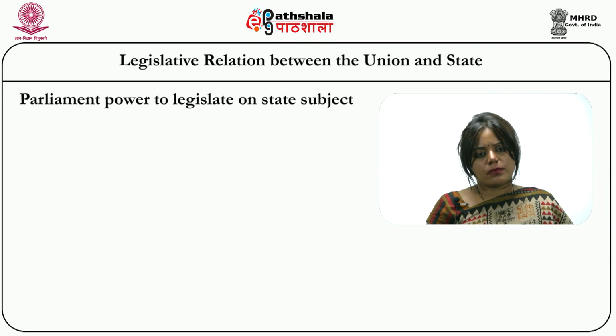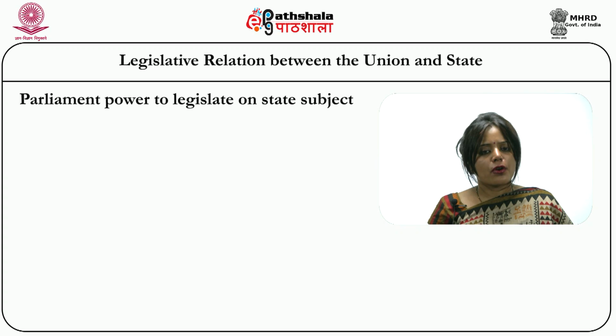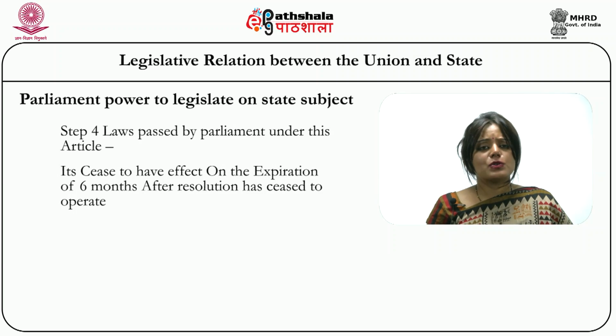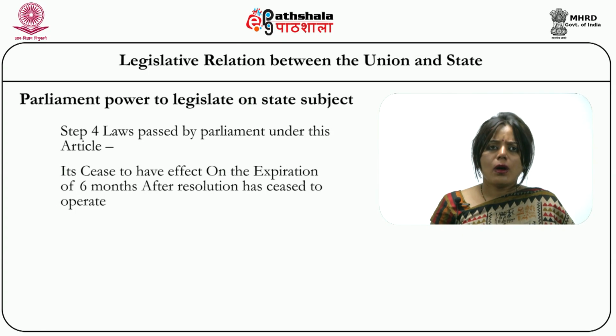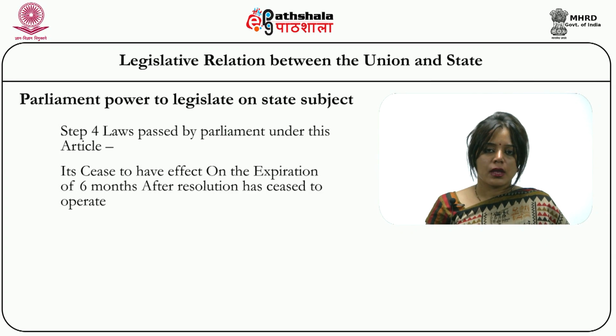And the last step under this procedure is that laws passed by Parliament under this article cease to have effect on the expiration of 6 months after the resolution has ceased to operate.